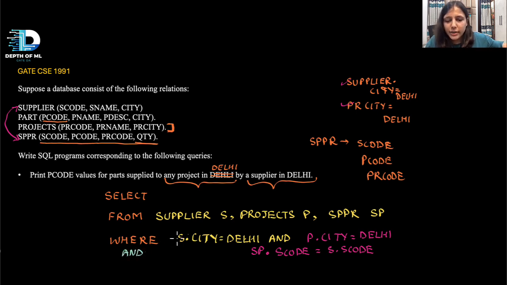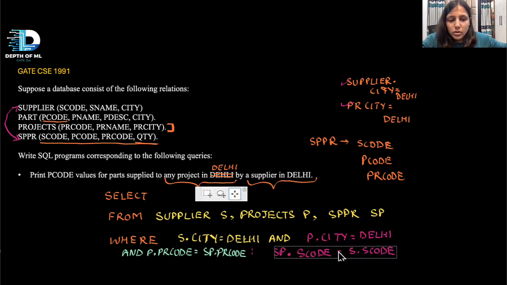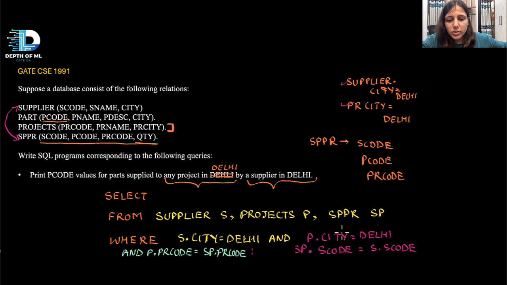Also you have to ensure that the PR code, the project code, also matches, right? So you have to use P.pr code. P.pr code is also equal to sp.pr code, right? And there will be an AND which will be coming here. So I'll just move it a little here, and this will be AND.